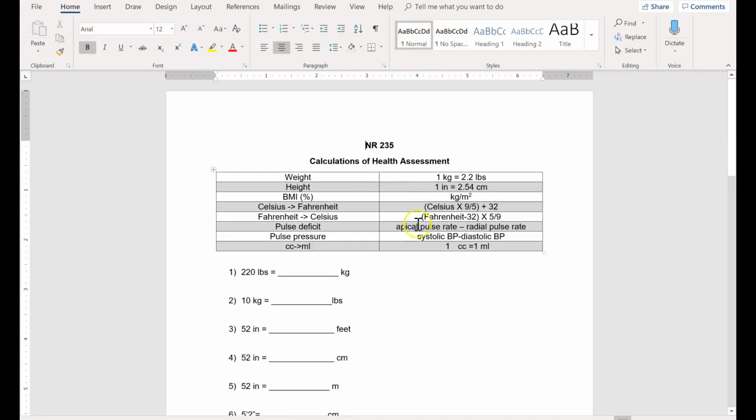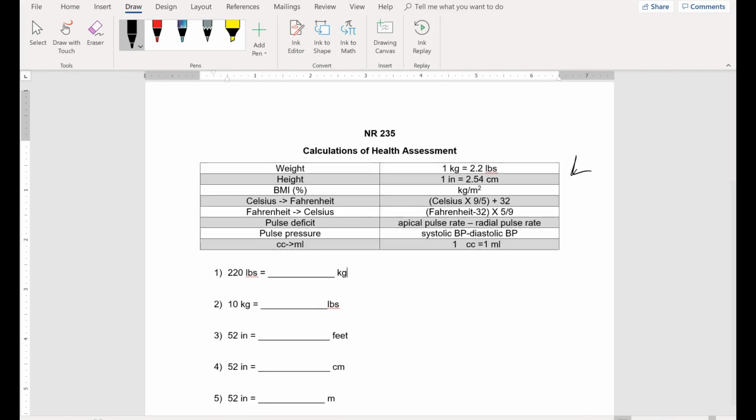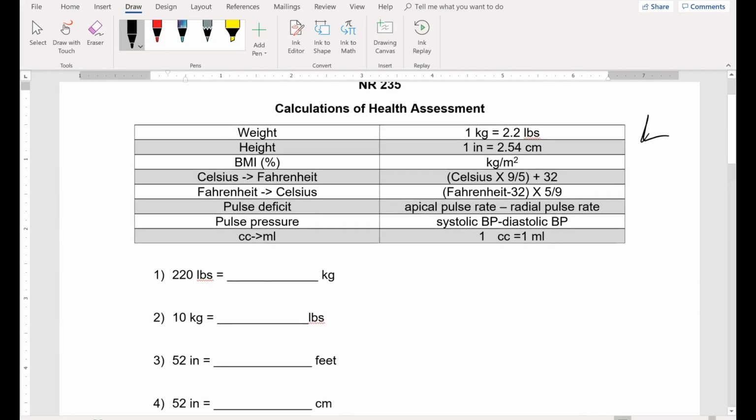So let's work on some math. All right, so what you see up here is all of our calculations that we need, okay? Let me see if I can make this a little bigger.